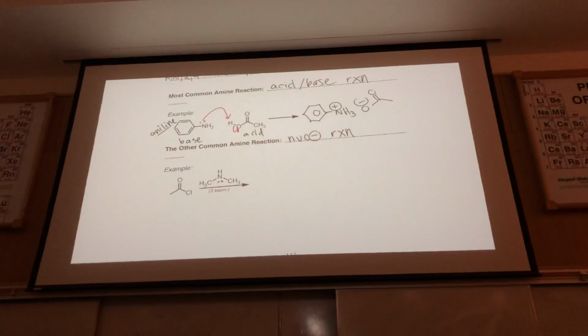So instead of attacking an H, it's going to attack that delta plus on the carbon. Attack, open, and we've actually done this before, right? Acid chloride. I might even just extend this since it's review. Open, close, kick. This is how we made amides. So we've done reactions with amines.